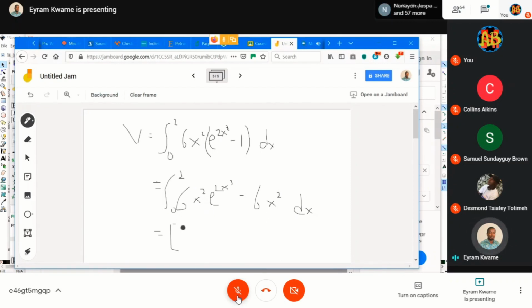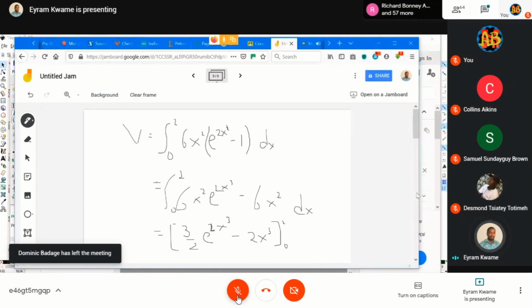So you then have 3 over 2 e raised to the power 2x cubed minus, when you integrate this, this becomes x cubed. Then you evaluate this from 0 to 2. Does that make sense? And the work is done.